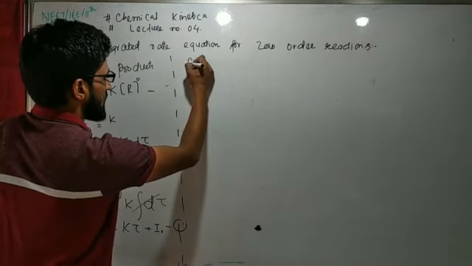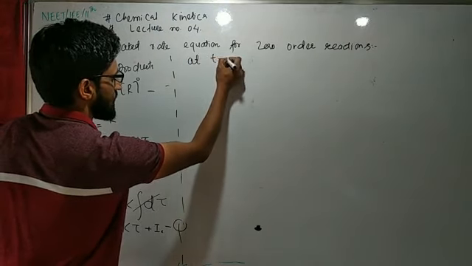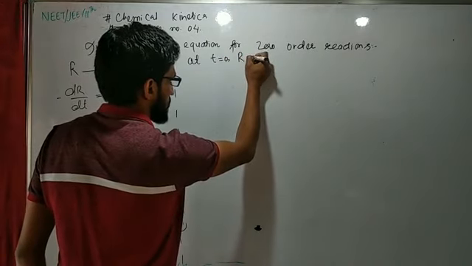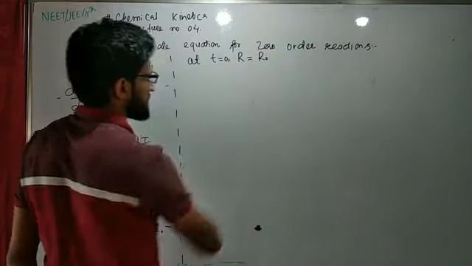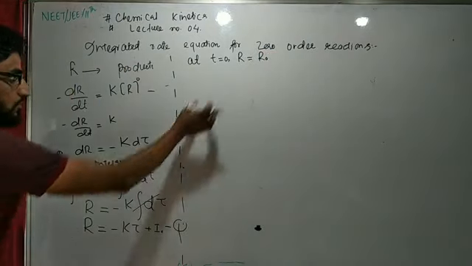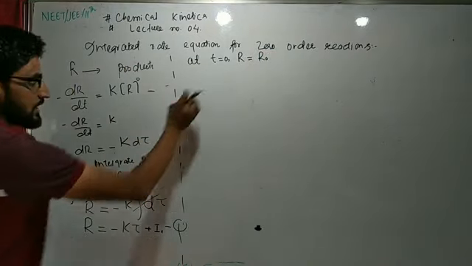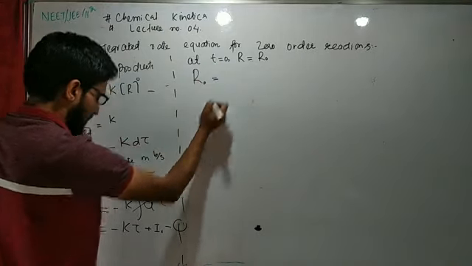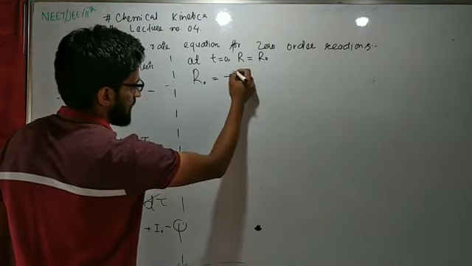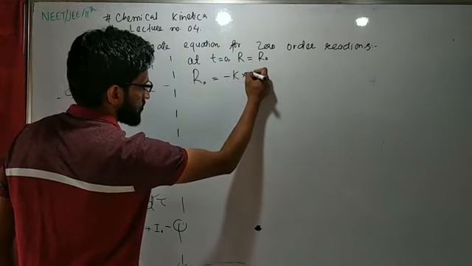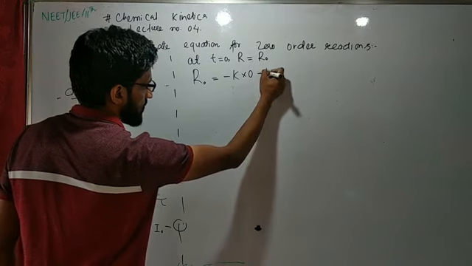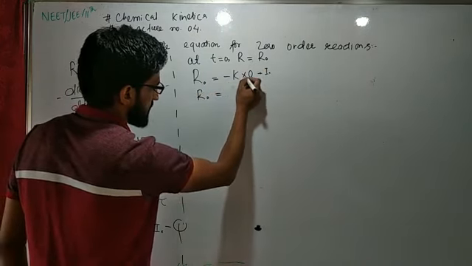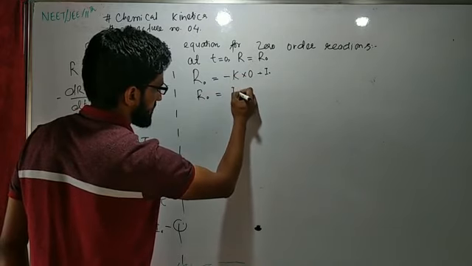In equation first, at t is equal to 0, the concentration of reactants will be equal to the initial concentration, that means R naught. Now put this in equation first. In place of R you can write R naught, that will be equal to minus k multiplied by t equal to 0, plus I naught. That means R naught will be equal to minus k into 0, that is 0, plus I naught, so I naught equals R naught.